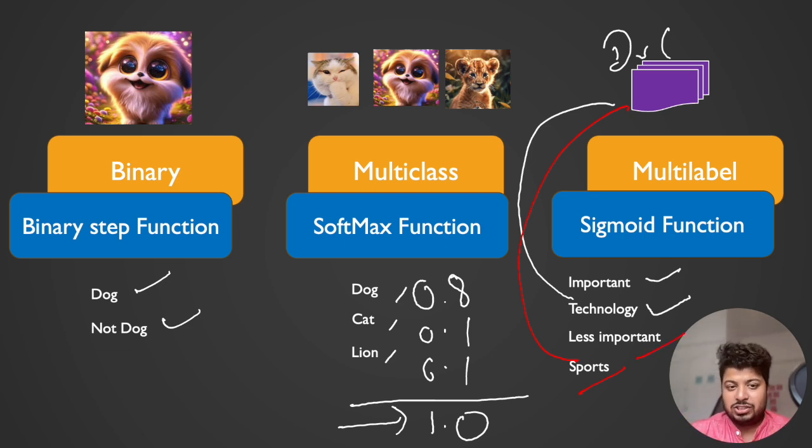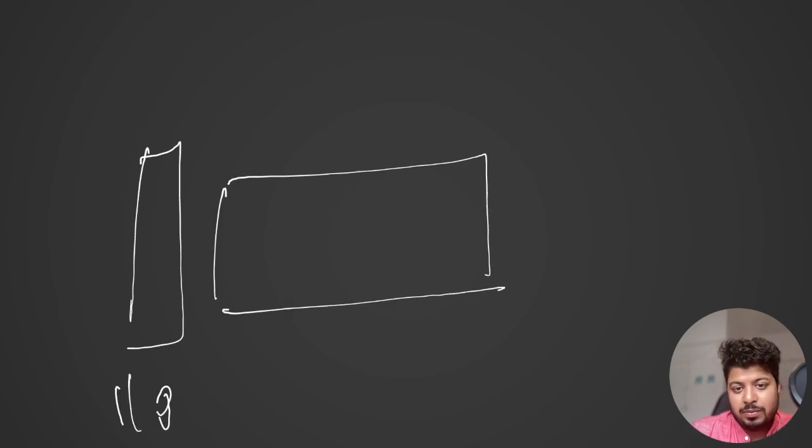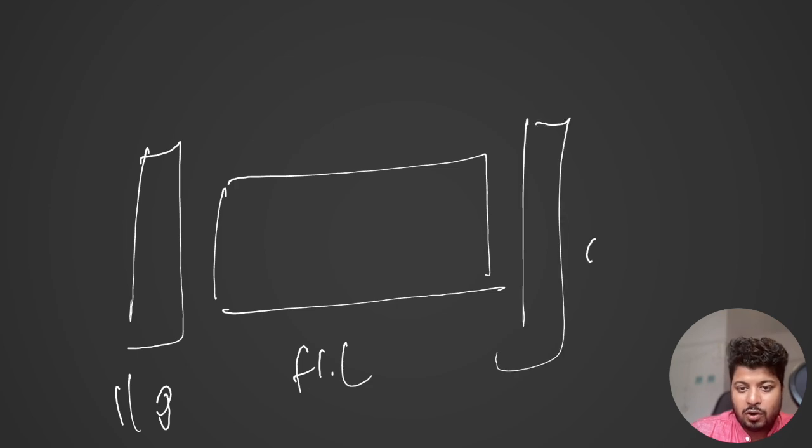Now the activation functions which we have seen here, binary, softmax and sigmoid, are mostly used in the output layer. Let me draw a sample NN architecture for you. If this is the input layer, this will be a hidden layer for me. Let me just call it HL, and here we will have the output layer. Super easy.